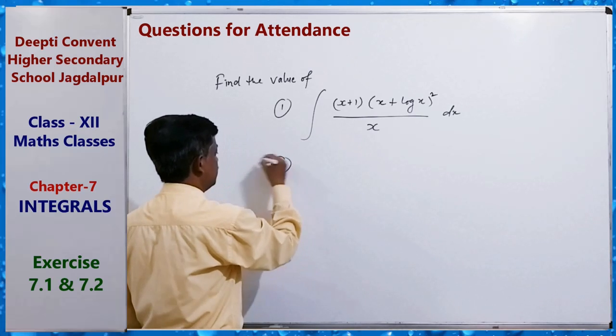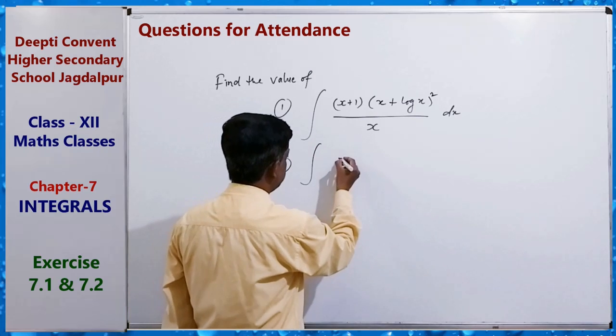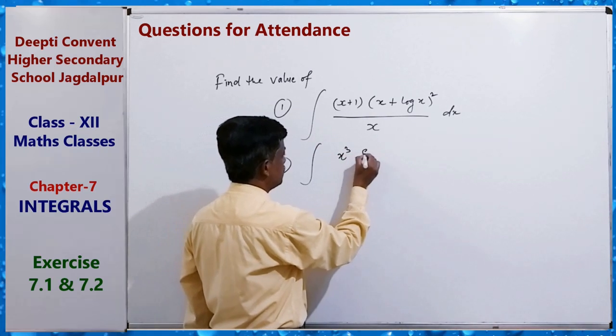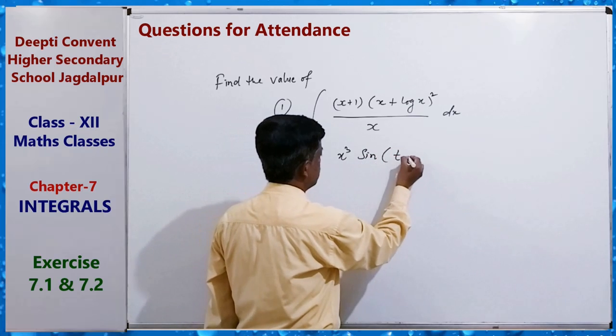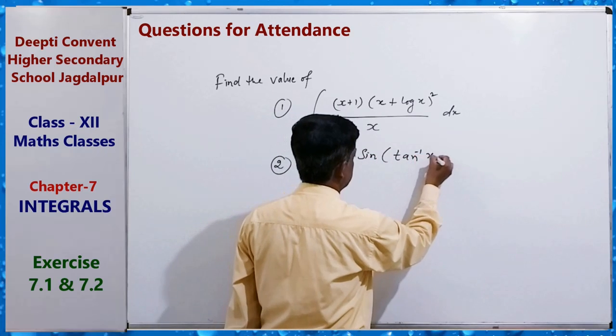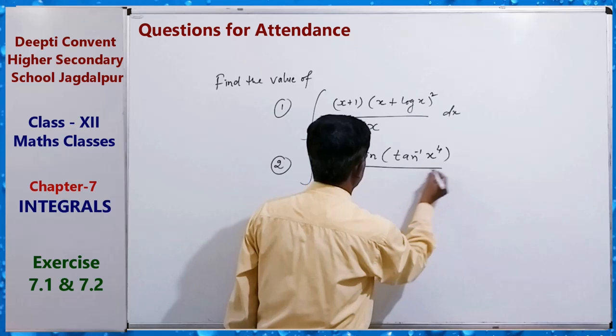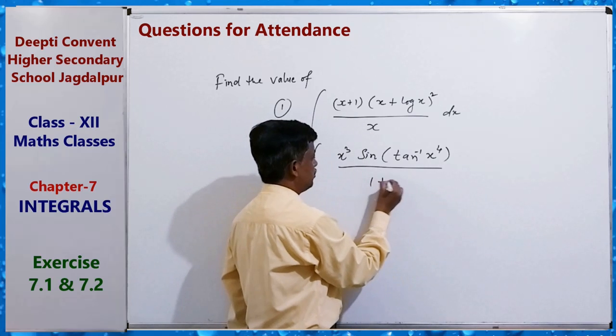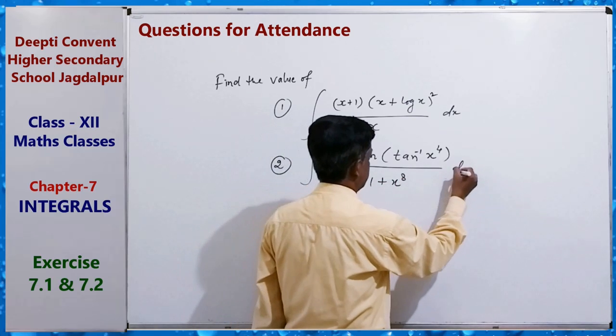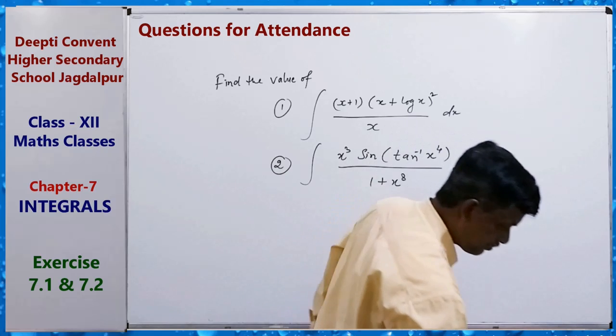Second, find x cube sine of tan inverse x power 4 upon 1 plus x to the power 8. Okay.